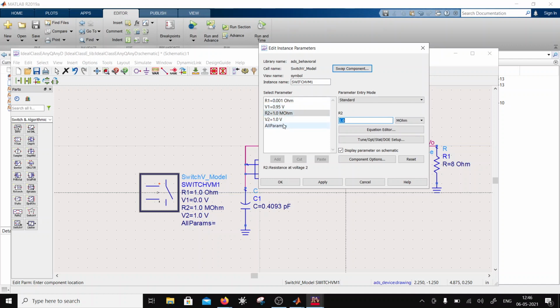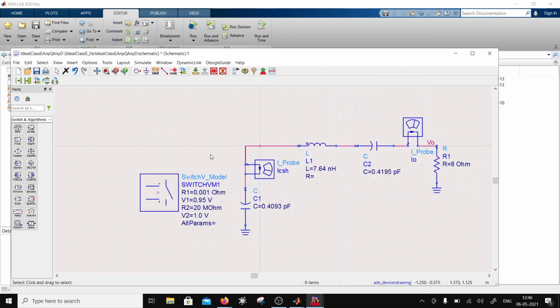And then I am going to have an off resistance of, let's say, 20 mega. Okay, and say okay.